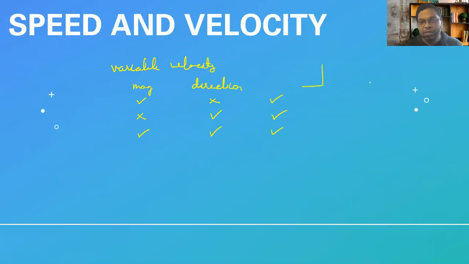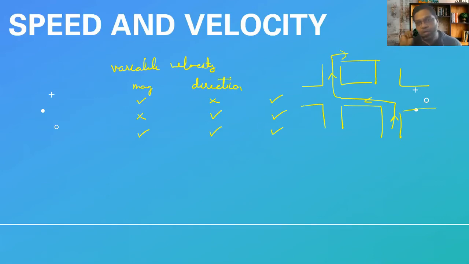Okay, like for example, in a street, suppose you're driving, so you go here, you turn around, you turn here, then go like this. So that means every time you're changing direction and probably you're changing the speed as well. So you need to explain it properly when you're talking about a variable velocity. Okay.